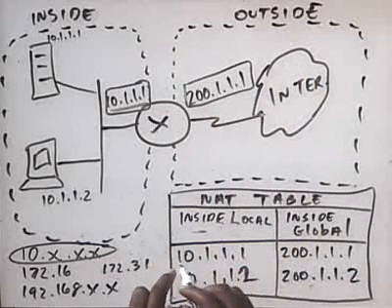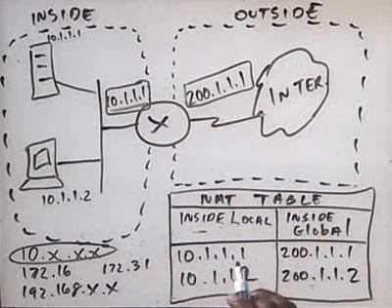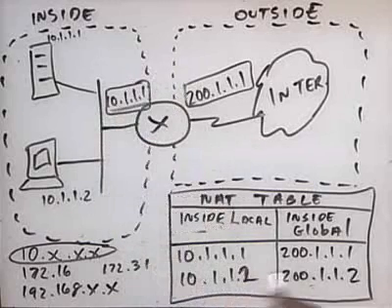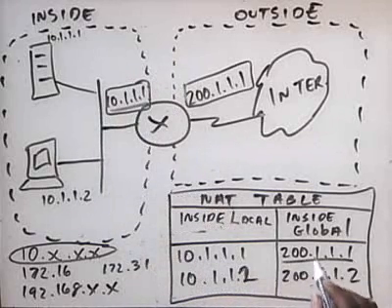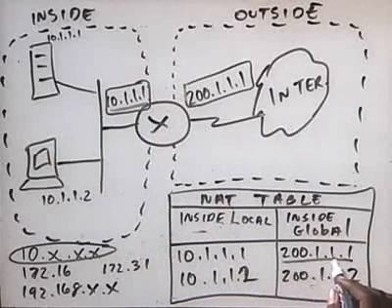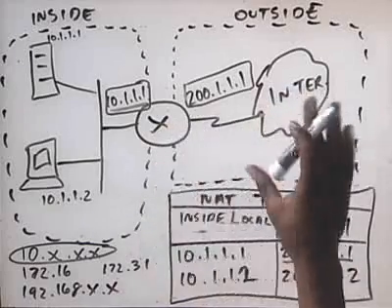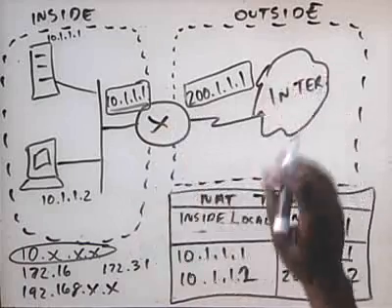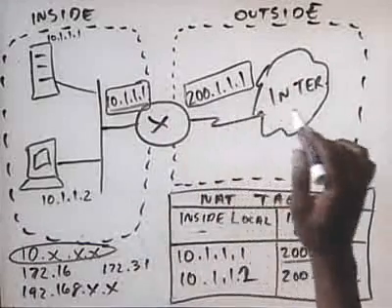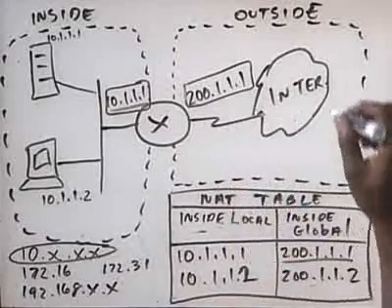The router takes the 10.1.1.1 out of the source field and replaces it with the global address of 200.1.1.1 for usage out on the internet, so that now when the packet is sent out on the internet, that will be the source address that's located here.